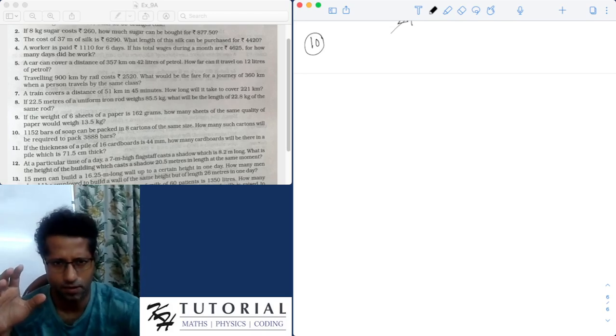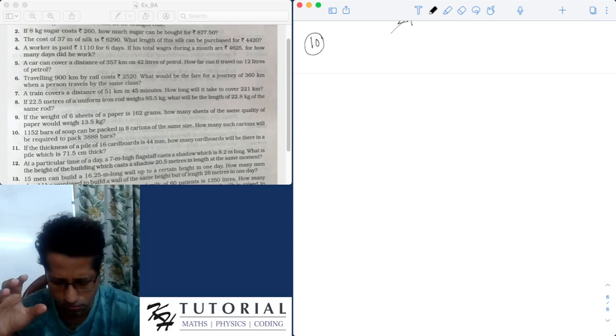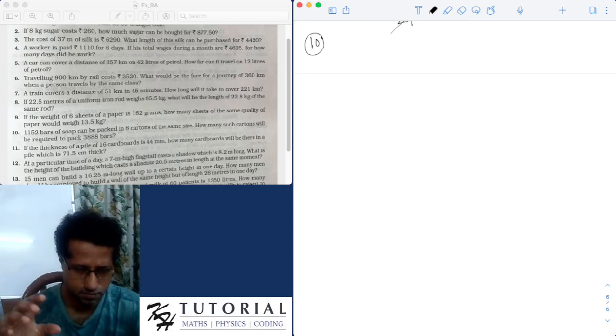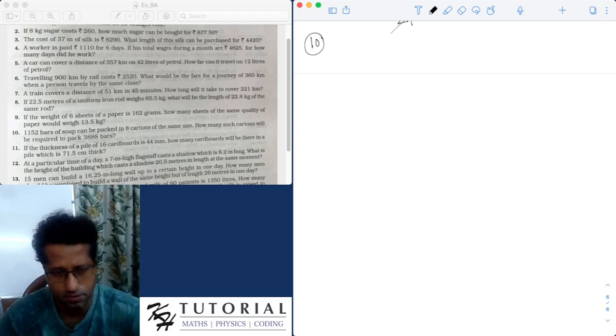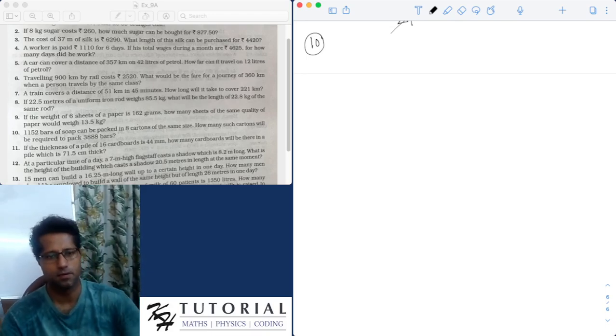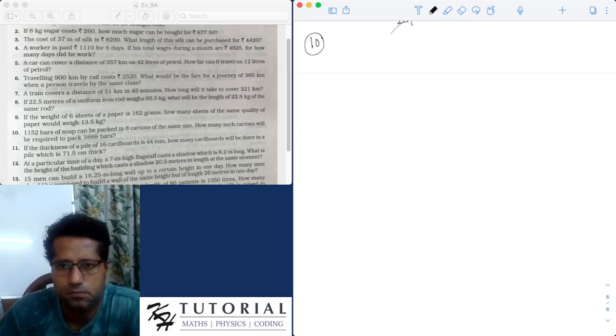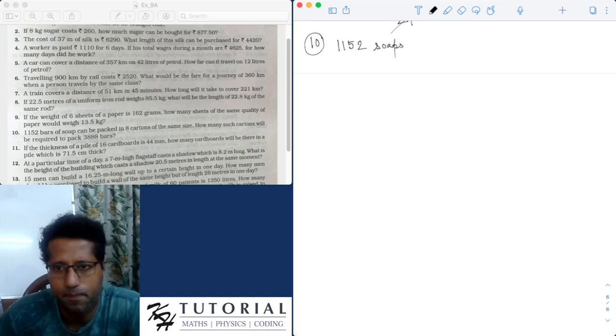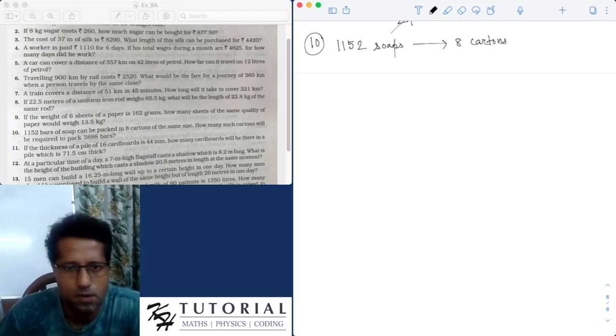If there are more cartons you can store more bars, and if there are fewer cartons you can store fewer bars. It is given that 1152 bars can be packed in 8 cartons. It asks how many such cartons will be required to pack 3888 bars.